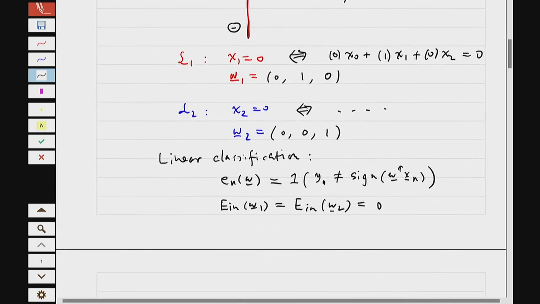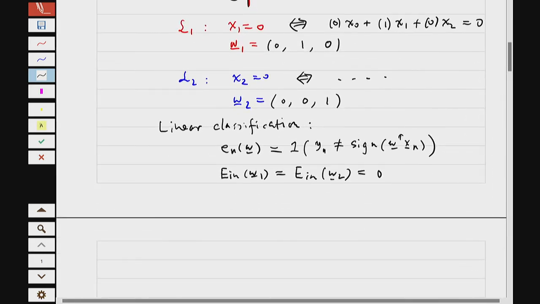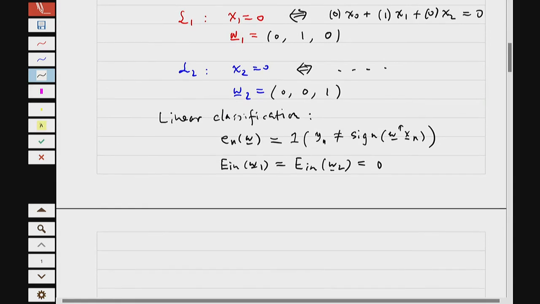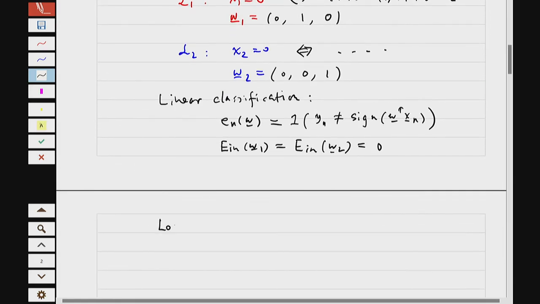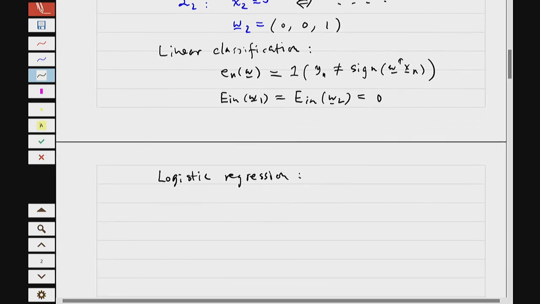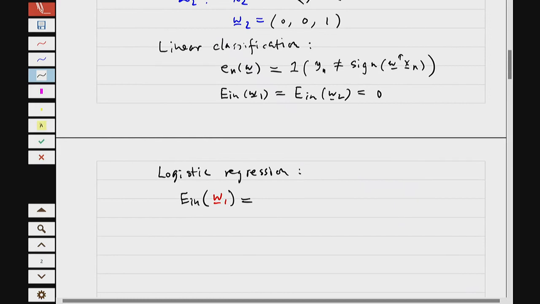Now, the claim is that for logistic regression, the log loss function can tell the difference between these two cases. So let's see the numbers. Let me write E_in. The subscript is a bit messy, so I use color to represent different lines.